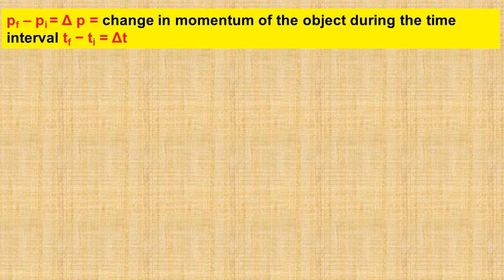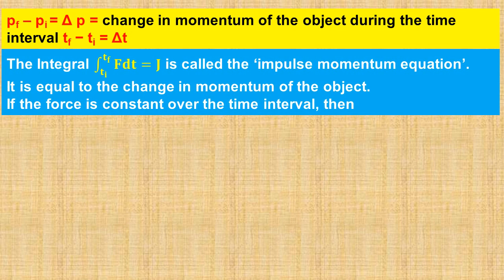Pf minus Pi is equal to del P, which is called the change in momentum of the object during the time interval tf minus ti, which is equal to del t. The integral from ti to tf of F dt is equal to J, which is called the impulse-momentum equation, and it is equal to the change in momentum of the object.